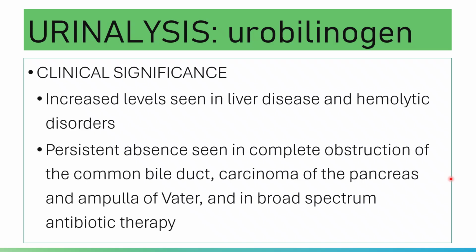In atresia, the normal opening is closed, missing, or blocked. So in biliary atresia, the outflow of bile is absent, closed, or blocked, and if that happens, there is decreased urobilinogen formed. Biliary atresia is diagnosed in infants.